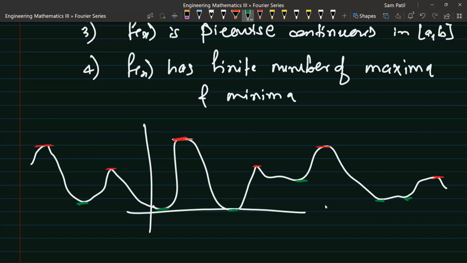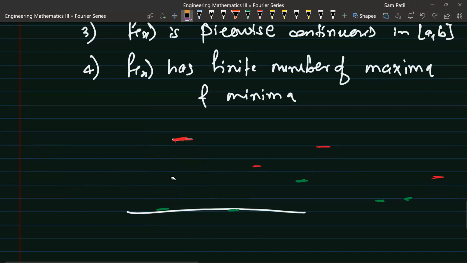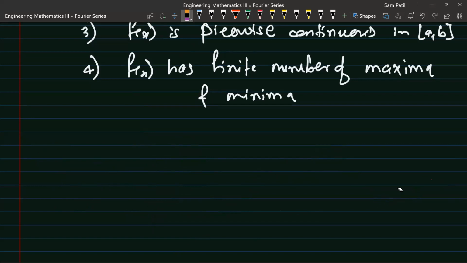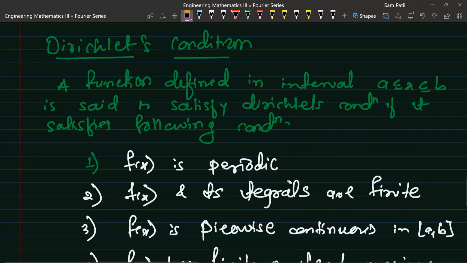This is the concept: what is the maximum value of the function at a particular point, and what is the minimum value of the function at a particular point? This is nothing but the local maxima and local minima. So if the function has a finite number of local maxima and minima, then it is also a condition for the function to satisfy the Dirichlet condition.